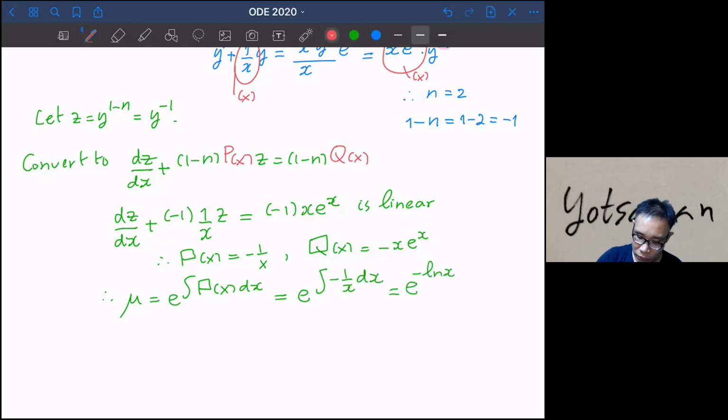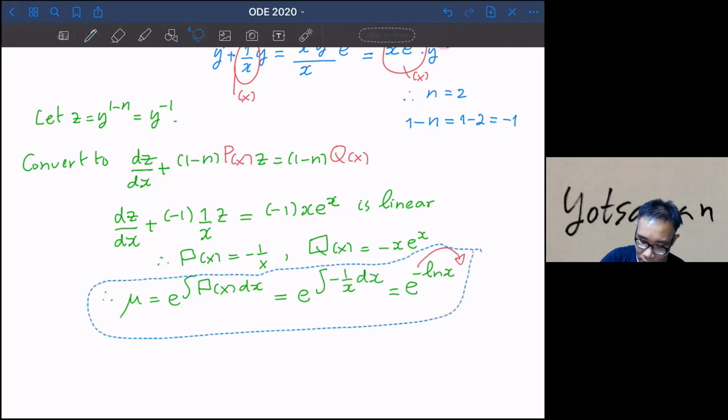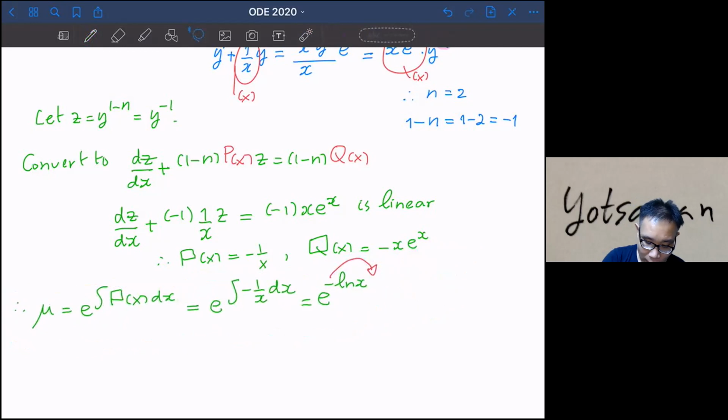That allows you to move this up. And you have e to the log x to the negative 1, so you have x to the negative 1, or basically 1 over x. So you have 1 over x for mu.